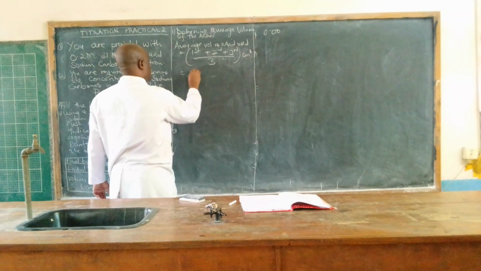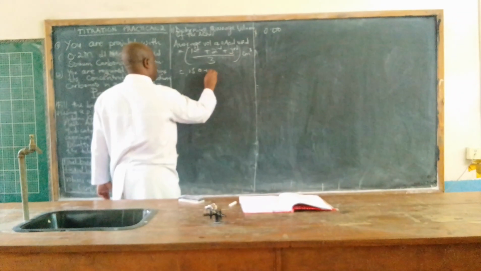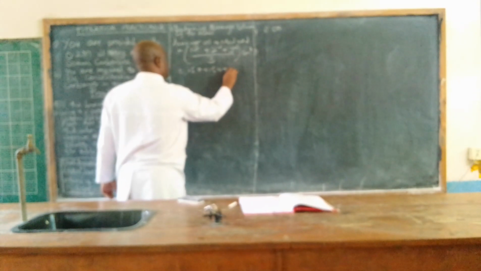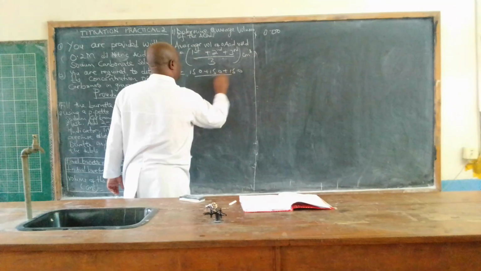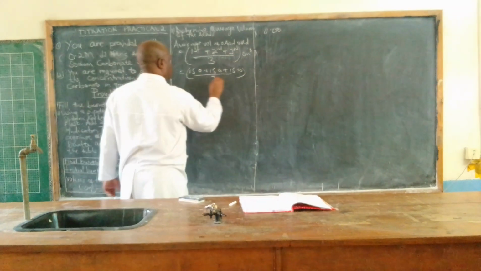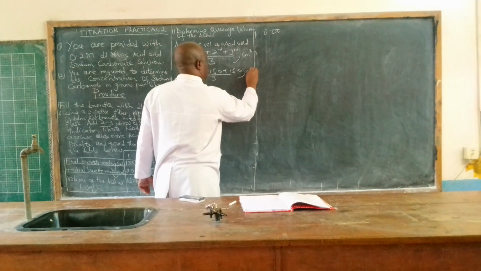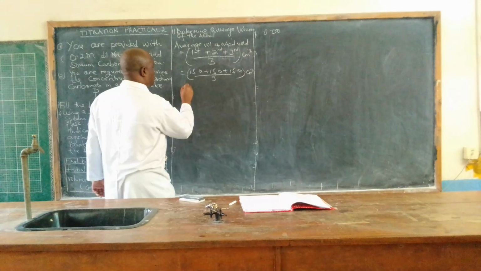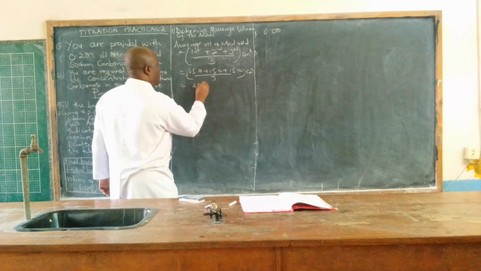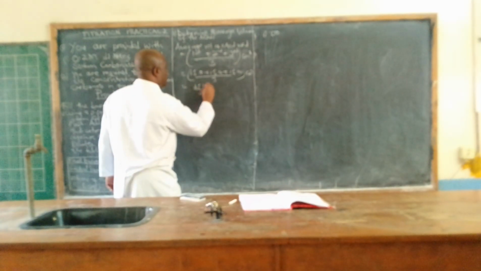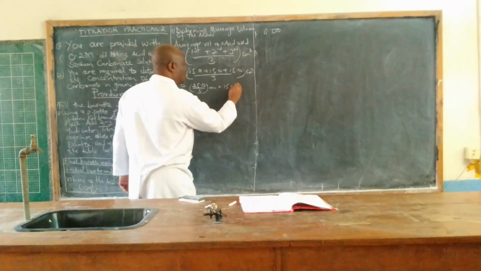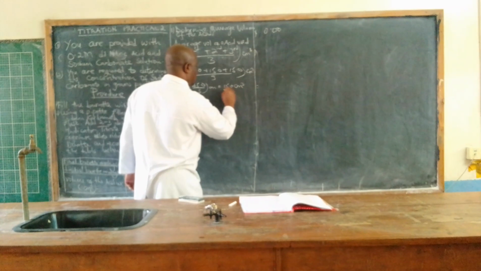So we write 15.0 plus 15.0 plus 15.0, then we divide by 3. All these are in cubic centimeters. When you do your calculations properly, it gives us 45.0 divided by 3, which is equivalent to 15.0 cubic centimeters. This is our average volume of the acid that was used.